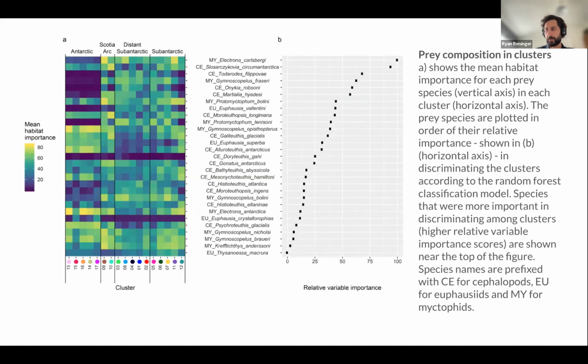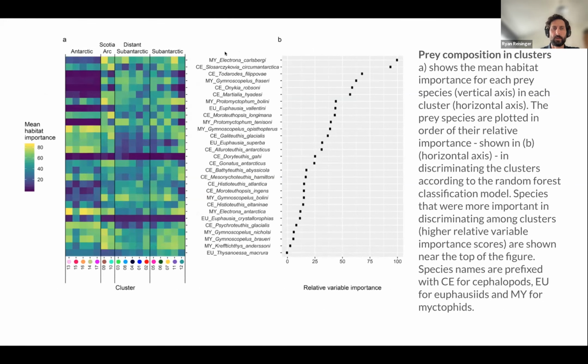We were also very interested in what prey patterns may be underlying these clusters. So just very quickly, we obtained modeled habitat importance for several myctophid, euphausiid, and cephalopod species, and used the random forest classification model to try and determine what species essentially discriminated among the clusters.